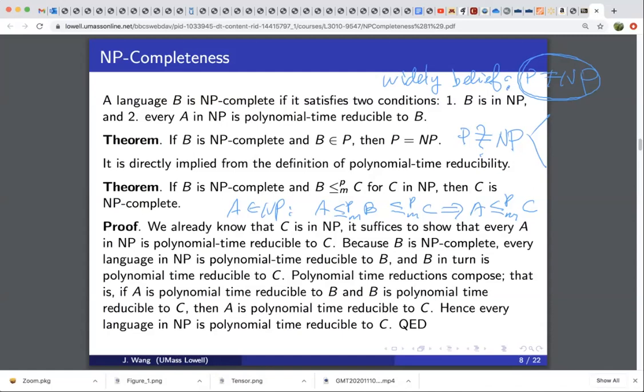This is really straightforward from the definition, so it's not difficult.